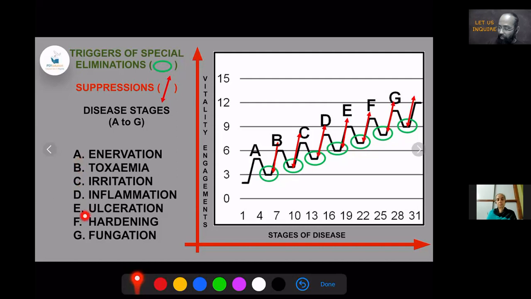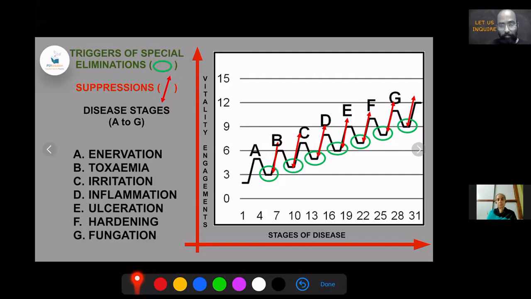Now A, B, C, D, E, F, G on the graph are different stages of disease. And these green ovals are triggers of spatial elimination. The acute symptoms also could be associated with it, but the body always tries to trigger some kind of spatial elimination to reduce the toxin burden.